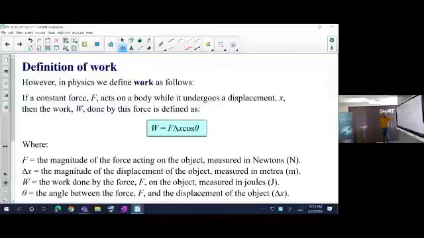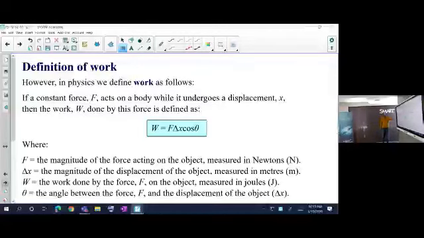You must bear in mind this is a vector. This is a scalar. W stands for work. F stands for force. Change in X, the distance covered by a particular object, is a vector because it's a displacement. That is the angle that I talked about.